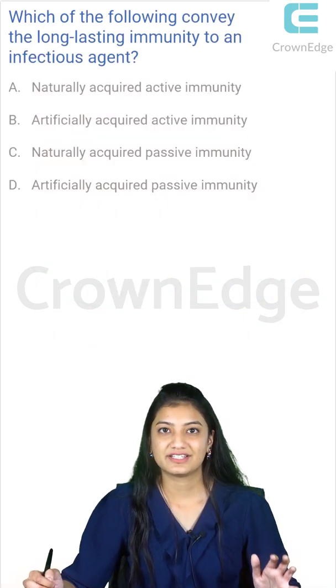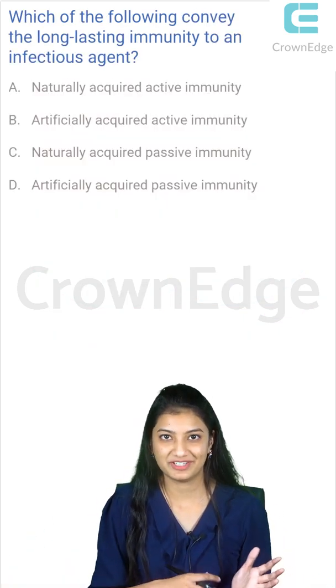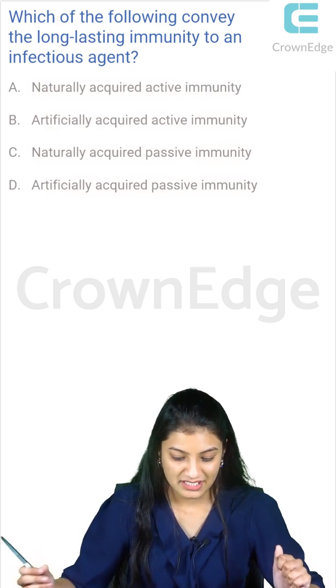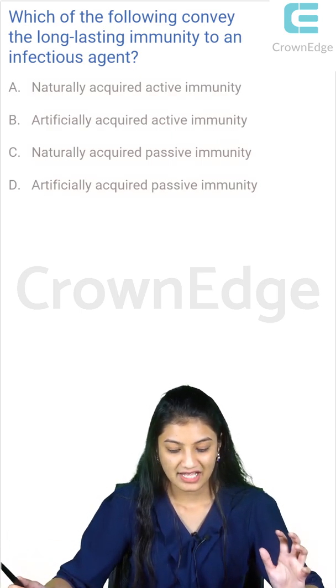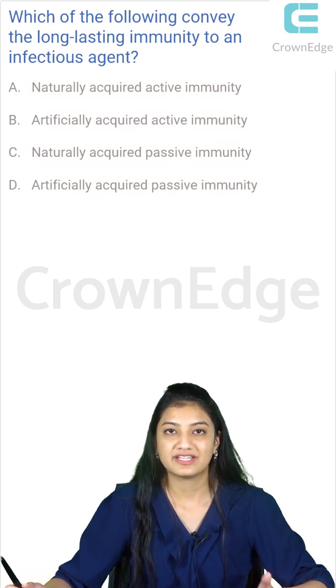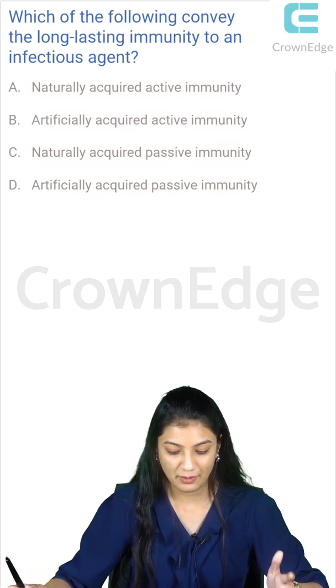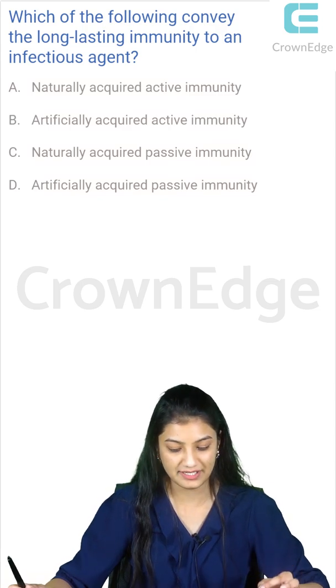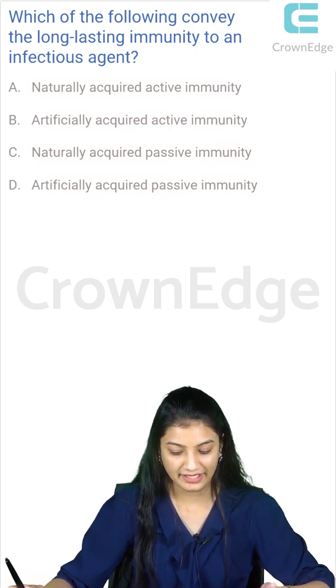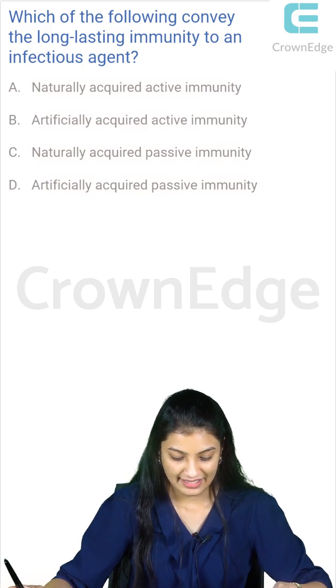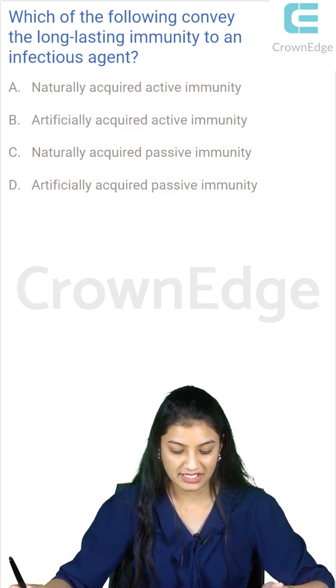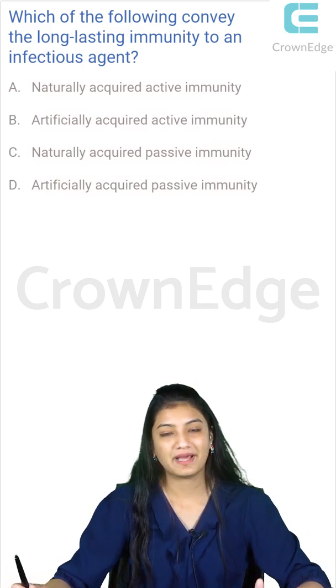So let's start answering the questions based on the concepts we have learned right now. The first one is, which of the following conveys long-lasting immunity to an infectious agent? The options are naturally acquired active immunity, artificially acquired active immunity, naturally acquired passive immunity, artificially acquired passive immunity.